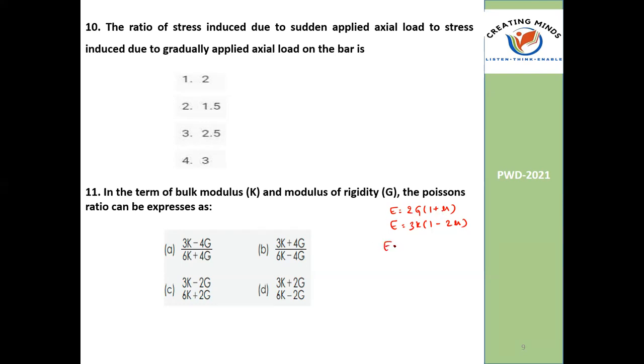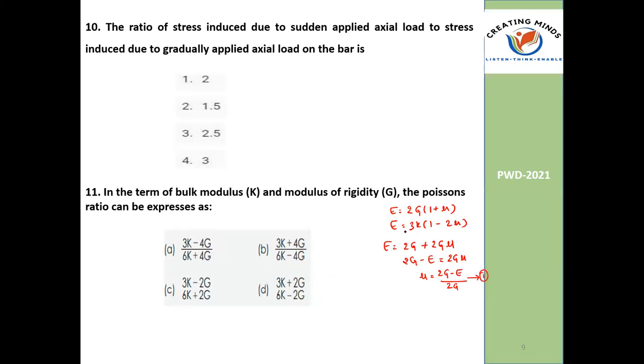So you get E equals 2G plus 2G mu. Take this value to the right side, it becomes 2G minus E equals 2G mu. If you want mu, it becomes (2G minus E) divided by 2G. Take this as equation number 1.